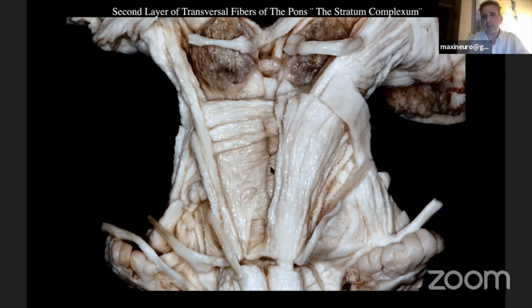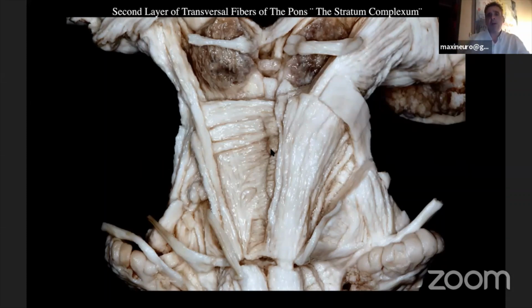In the central position, the trapezoid body, this group of fibers crosses the midline and they are part of the acoustic system. Over the trapezoid body, we can find here the central nucleus of the pons. This is very important, a group of cellular structures, because this structure has a relationship with the movement of the eyes when you sleep.